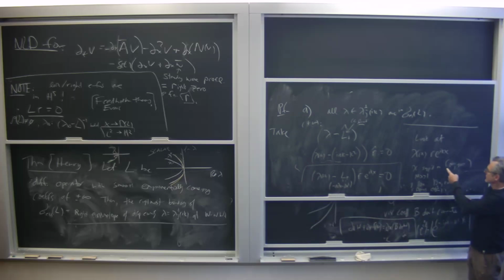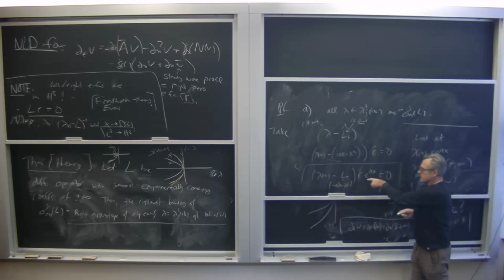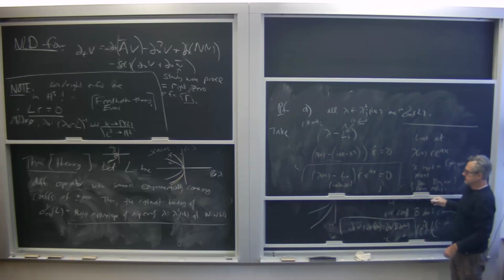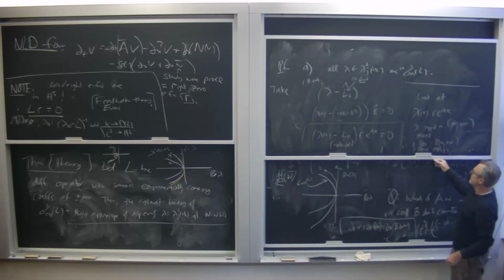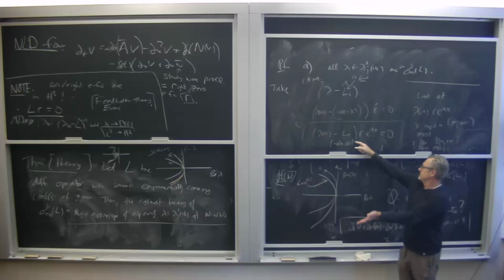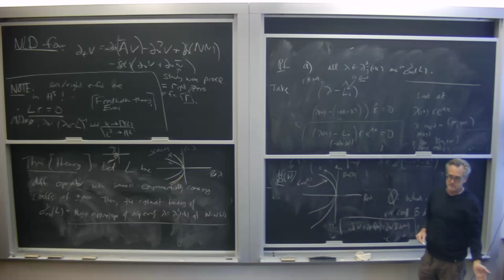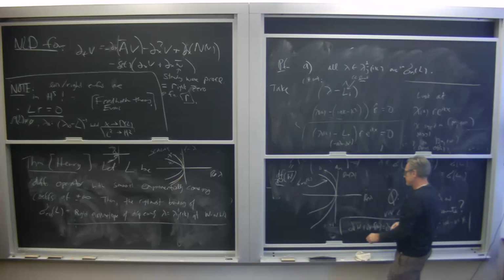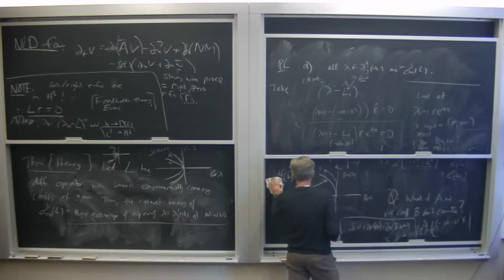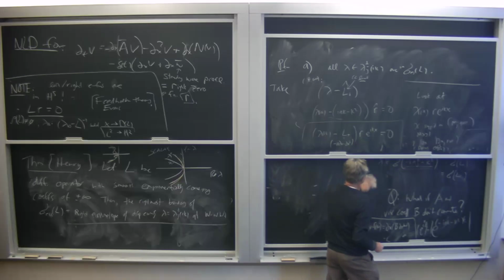Now when I apply lambda minus L to this, my only problem is this would make it a point spectrum if this were in L2, but it's not in L2. It's periodic. So instead, we cut it off.